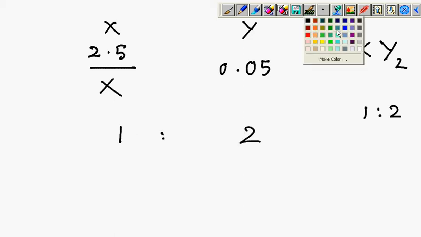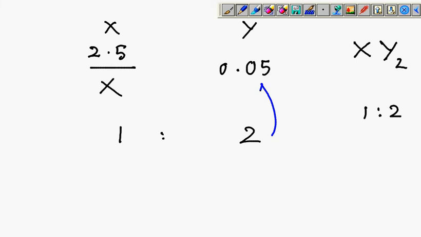Now, again, if you can calculate fast, you know that for 2 to become 0.05, you multiply 0.025. Same thing here, you multiply 0.025. Based on this, you can take out the whole information of this. 2.5 over X equals to 0.025.